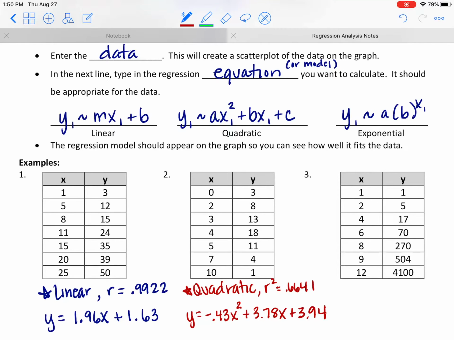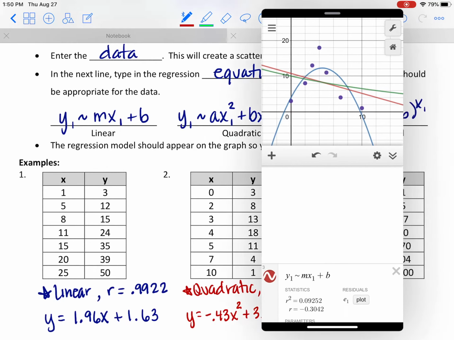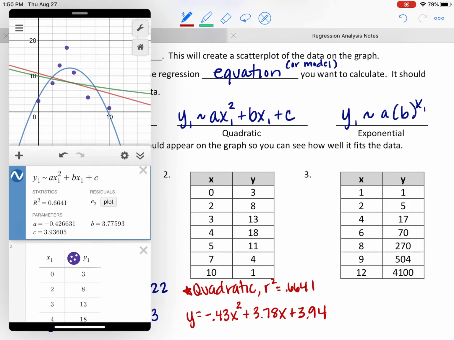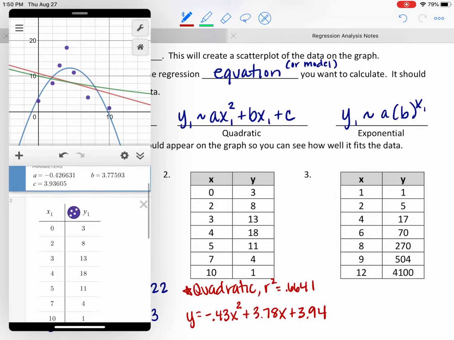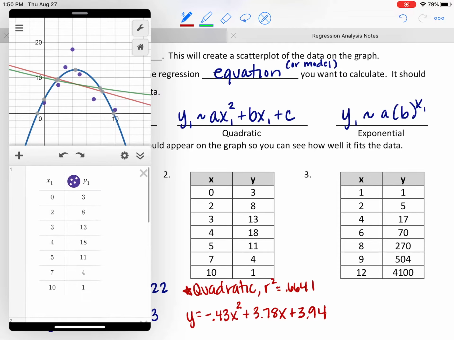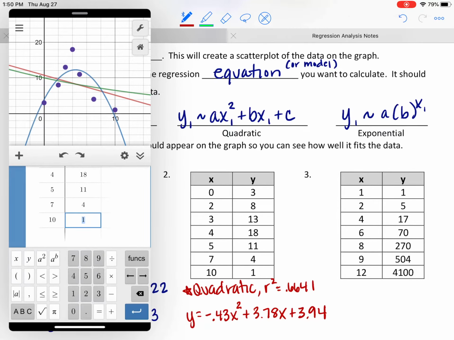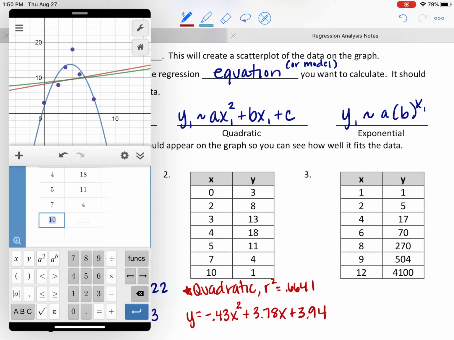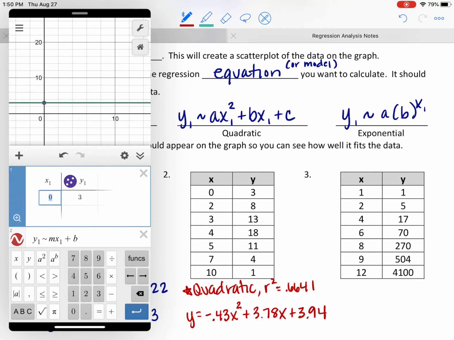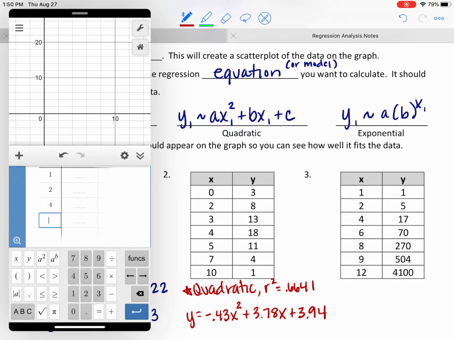Okay? And now we've got one more, and you could probably guess what's going to happen on the next one, since I'm trying to show you all three models. But let's delete this data out. Don't want to retype all those models, just want to retype my data. Okay, so we've got 1, 2, 4, 6, 8, 9, and 12.